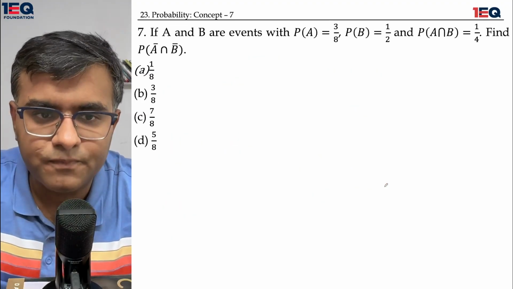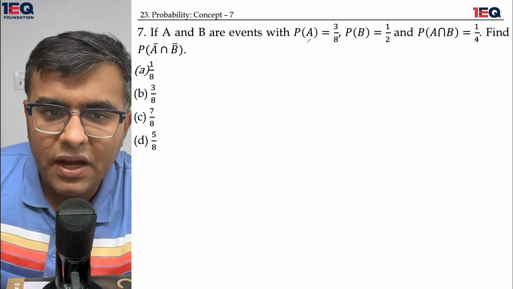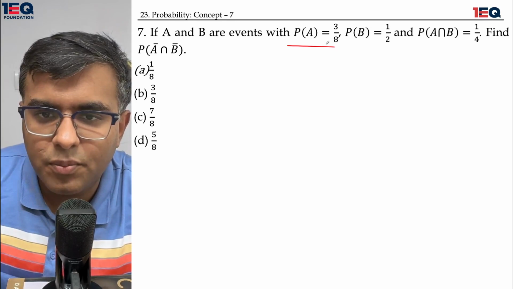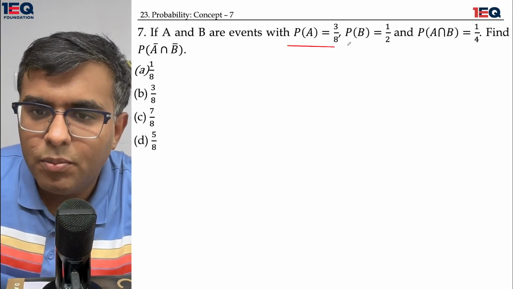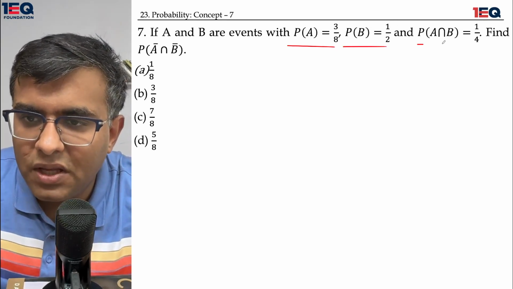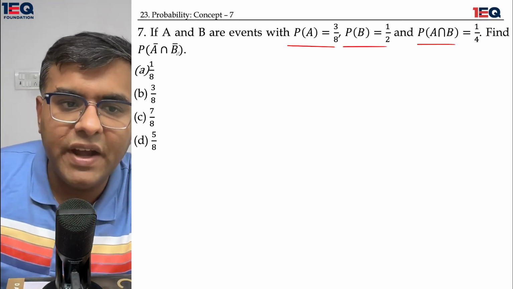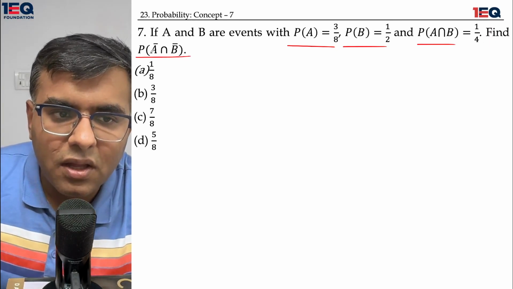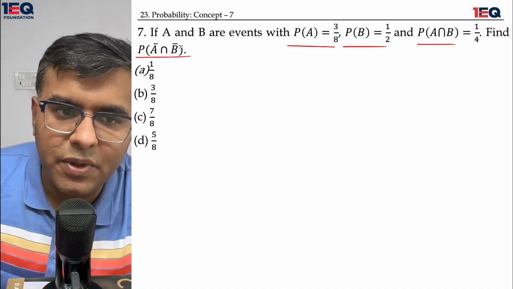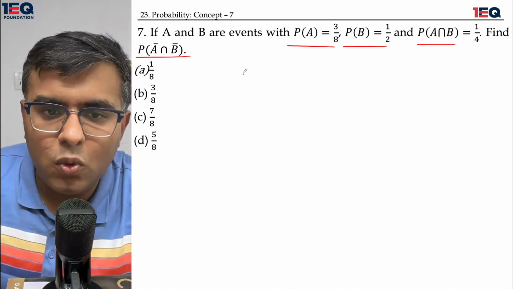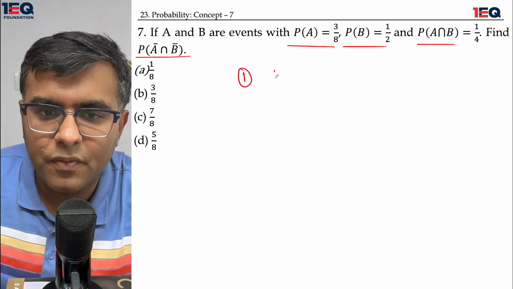Moving on. If A and B are events with P(A) being 3 by 8, P(B) being 1 by 2, and P(A intersection B) being 1 by 4, find P(A' intersection B'). I'll tell you about one simple relationship.